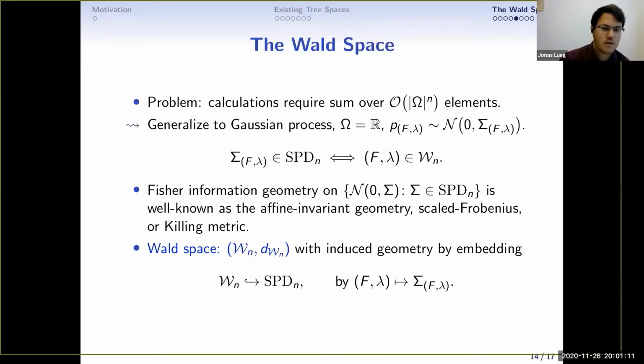The Wald space is then just defined as a subset of these strictly positive definite matrices, and we basically use the induced geometry by embedding these elements in Wn into the strictly positive definite matrices.